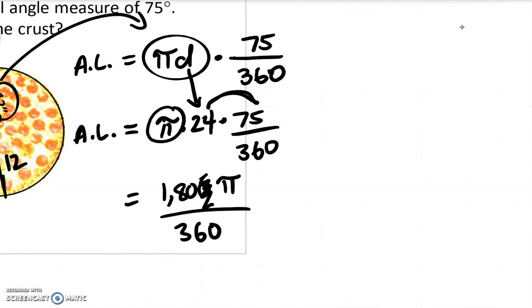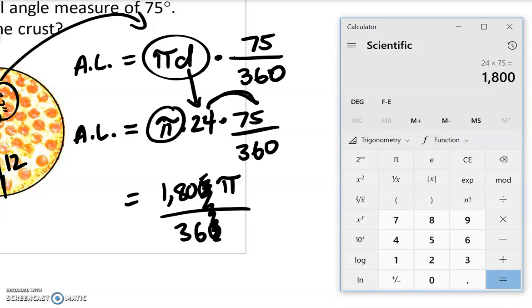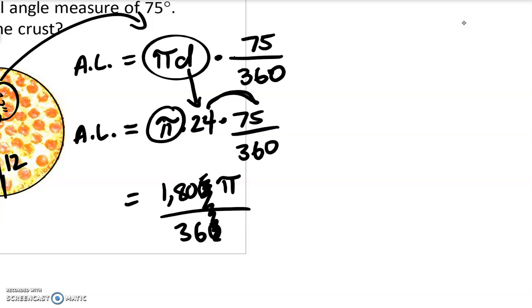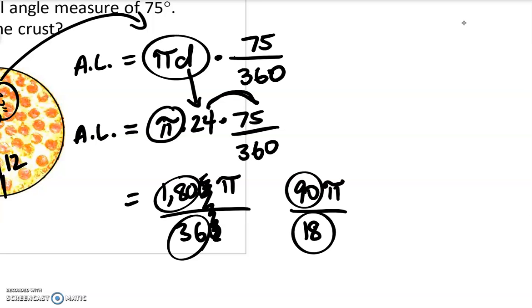Let's go ahead and simplify this even further. Both of these numbers end in a 0, so I can cross that out. Now I have 180 over 36. Both of these are even numbers, so I can divide them by 2. 180 divided by 2 is 90, so I'm going to write 90 pi. Notice how pi stays. 36 divided by 2 is 18. Both of these numbers are still even, so I can divide by 2 again. 90 divided by 2 is 45, so 45 pi. 18 divided by 2 is 9.